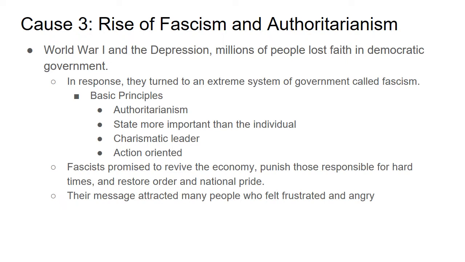This was a message that was really attractive to people who felt frustrated and angry about the problems that were going on in the world. It's especially attractive in places where they feel like they're being downtrodden.